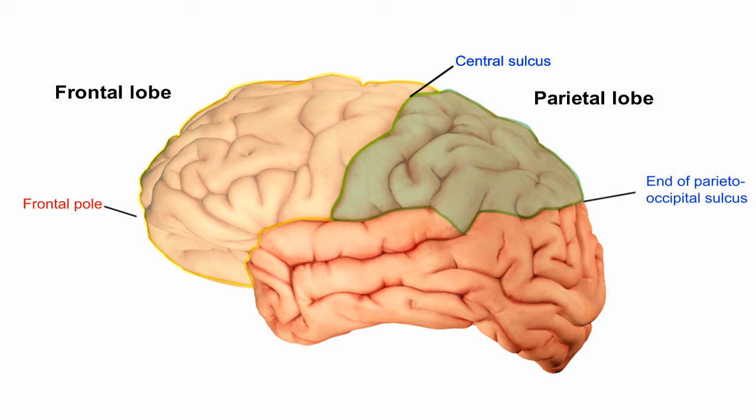Sitting posterior to the central sulcus lies the parietal lobe, which forms part of the upper and lateral surfaces of the cerebrum. It extends back from the central sulcus to the parieto-occipital sulcus. This is the part of the cerebrum that is associated with somatosensation and integrative processing.